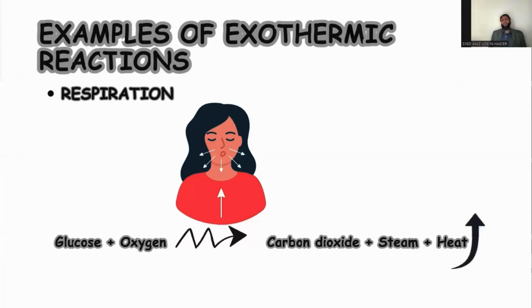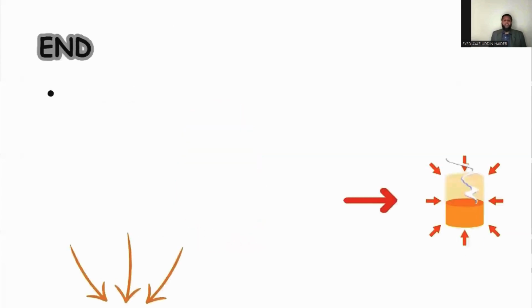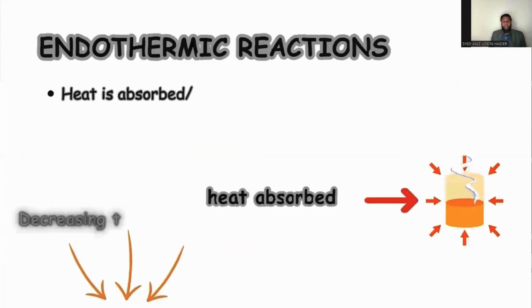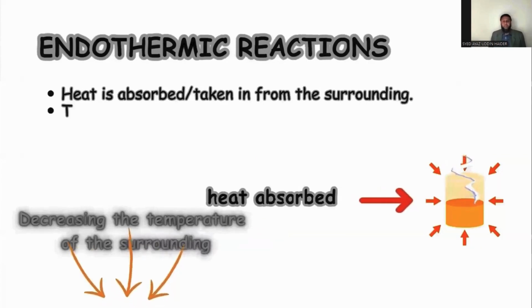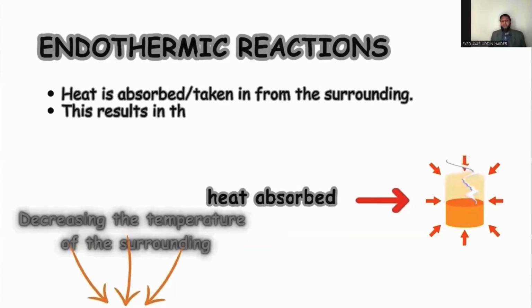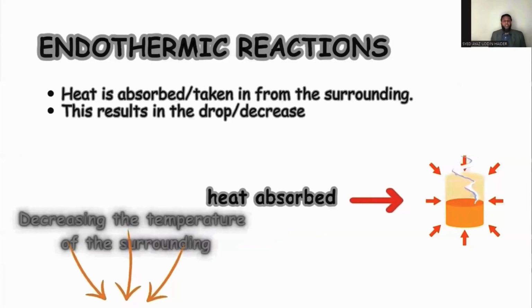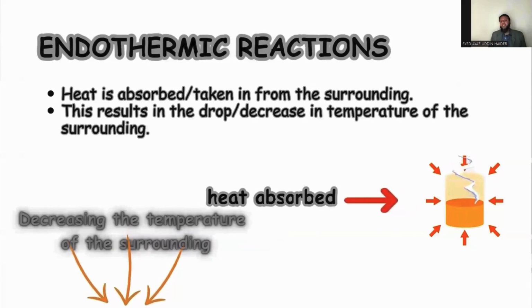Now let's talk about another type of such reactions, which is endothermic reactions. Endothermic, just like exothermic, also originates from the Greek word endo, meaning within, and thermos, meaning heat. So endothermic reactions are those reactions in which heat energy is absorbed from the surroundings, and this results in a drop or decrease in the temperature of the surroundings.